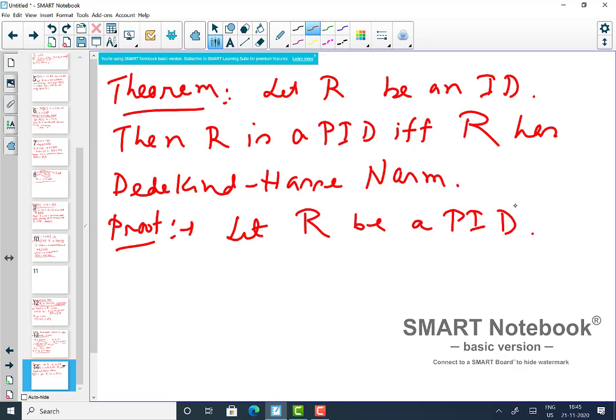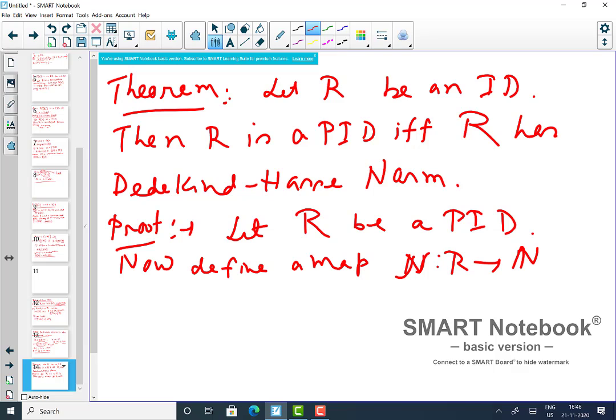Now, if R is a principal ideal domain, then you can define a norm. So define a map, say n, from R to the natural numbers union 0. How to define it?